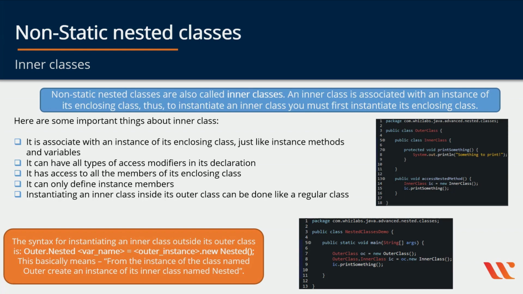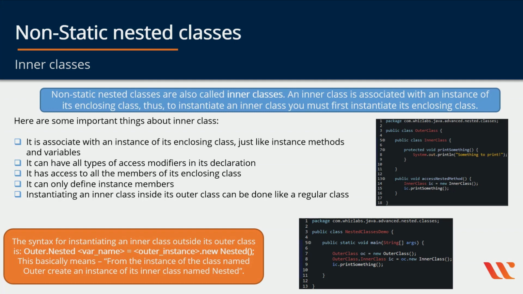It can have all types of access modifiers in its declaration. An inner class has access to all the members of its enclosing class, including private and static members. If you think about it, it's quite logical. Methods in a class have access to the private fields and methods of its enclosing class. So, yeah, no surprise.